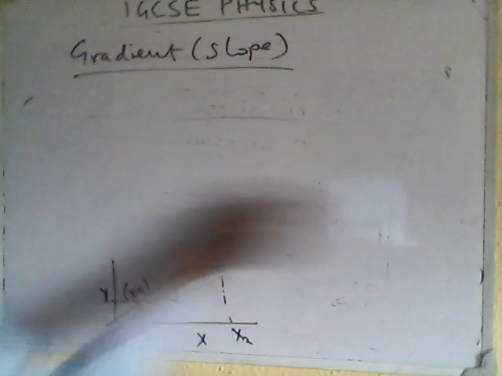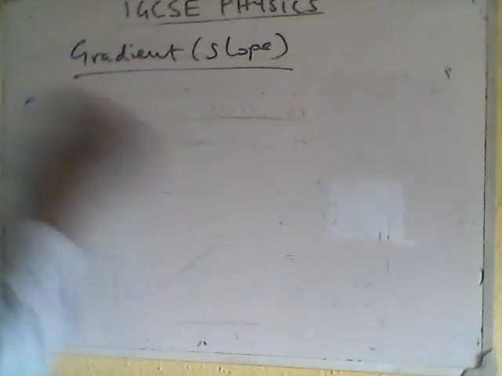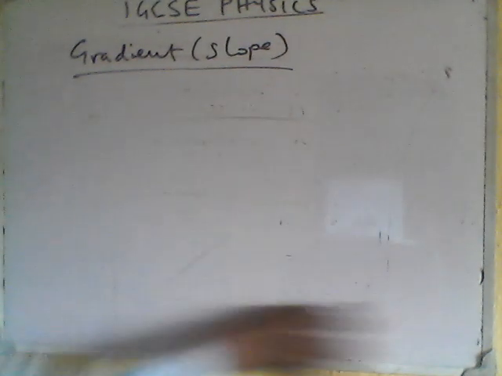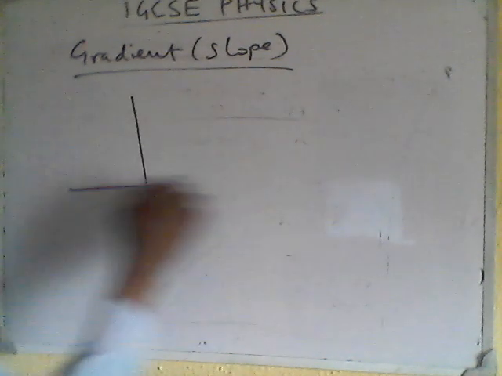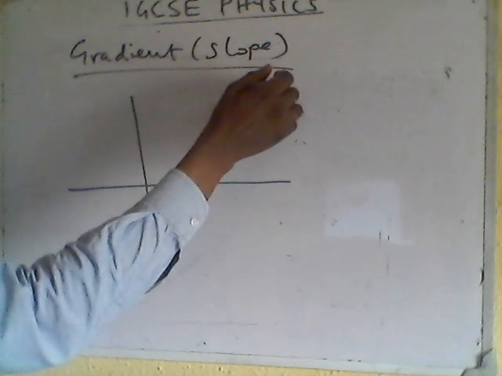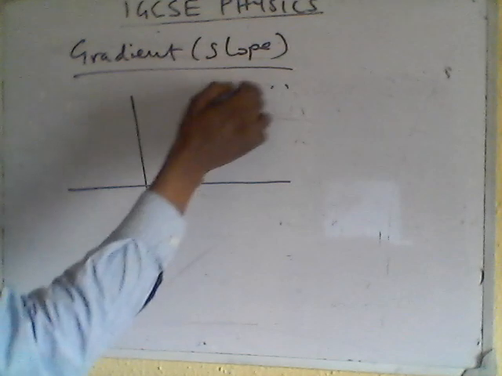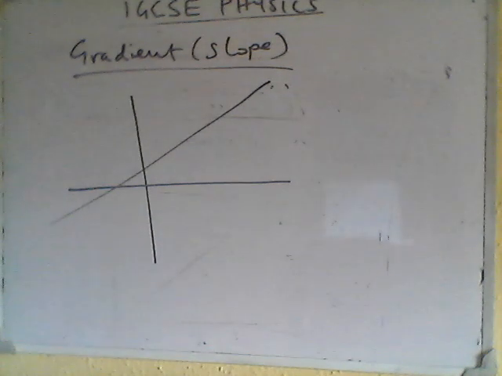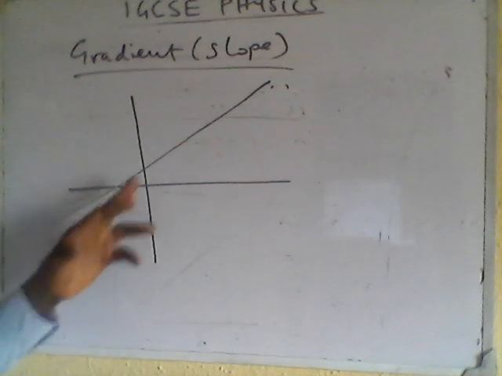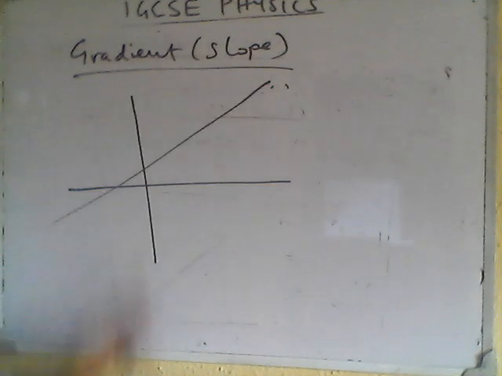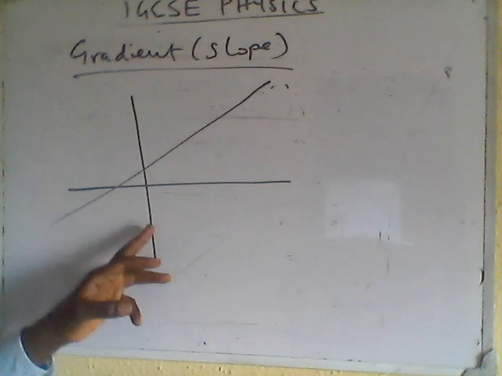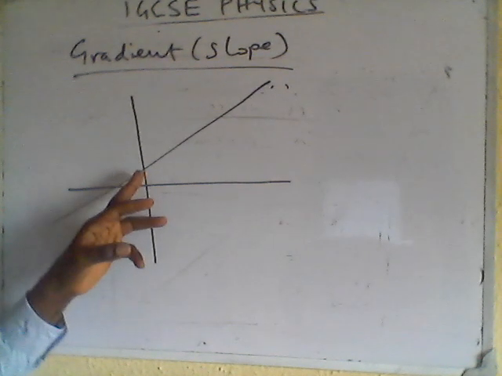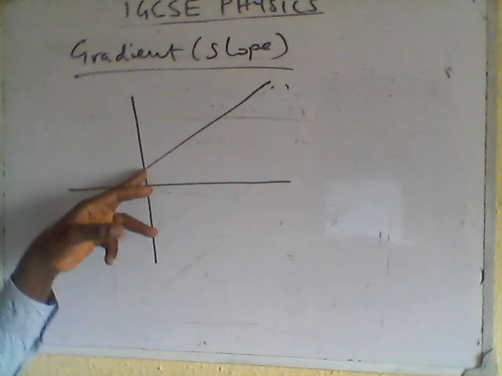If I have the Cartesian plane, with the vertical and the horizontal axis, and I plot a graph, and the line goes like this, the intercept is the point where the line cuts the vertical axis. It can either cut it on the positive or the negative side, but this is the positive side. Whatever value you have there is the intercept.